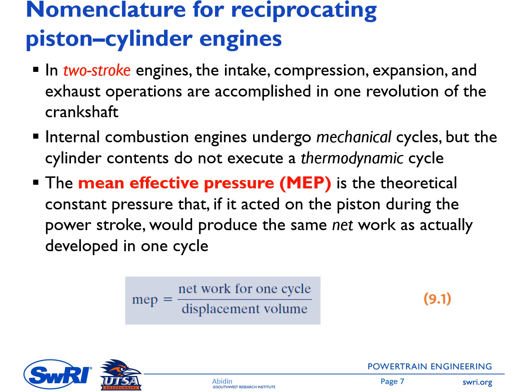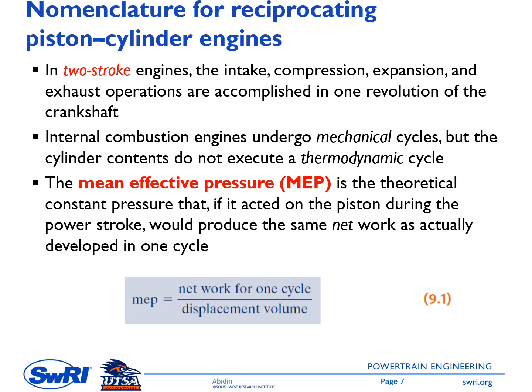So this is the theoretical constant pressure that, if it acted on the piston during the power stroke, okay, so it's only during the power stroke, so it means one piston movement from top center to the bottom center, would produce the same net work as actually developed in one cycle.